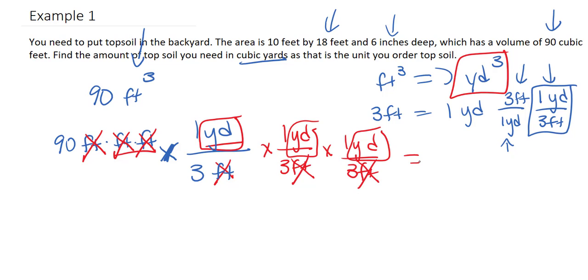So always let the units guide you here. Now that we have our cubic yards, we multiply what's on the top: 90 times 1 times 1 times 1, so that's 90. Then we multiply what's on the bottom: 3 times 3 times 3, so that's 27. And that's cubic yards.